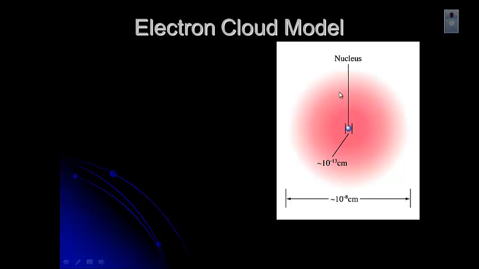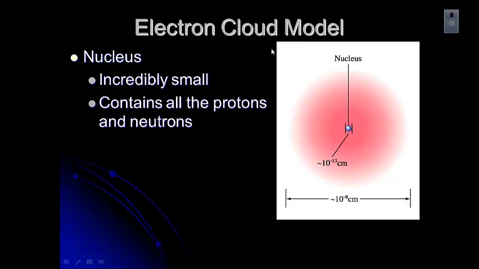The lighter and lighter and lighter it gets, the less likely there is to be an electron there. And then you can see that the size of a typical atom is about 10 to the negative 8 centimeters. So in comparison to the size of the atom, the nucleus is much smaller. So the nucleus is just really tiny and has all the protons and neutrons.